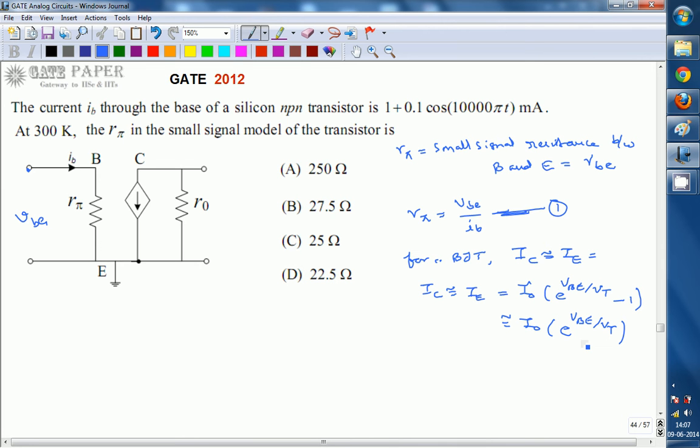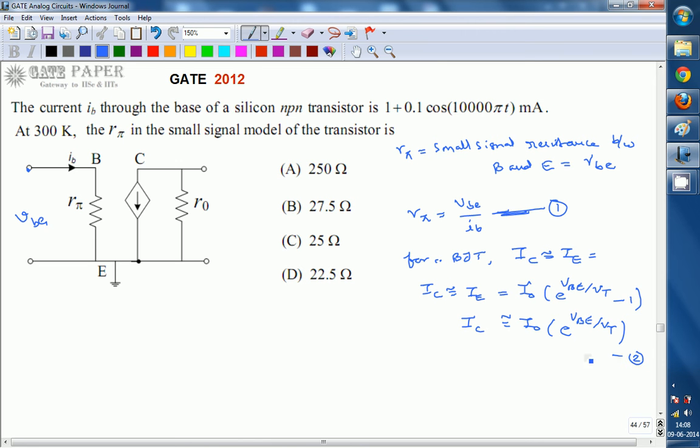So the 1 can be neglected and we can write IC is equal to I naught into e power VBE by VT. This is the general current equation.